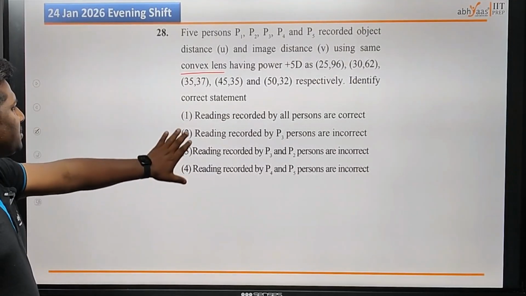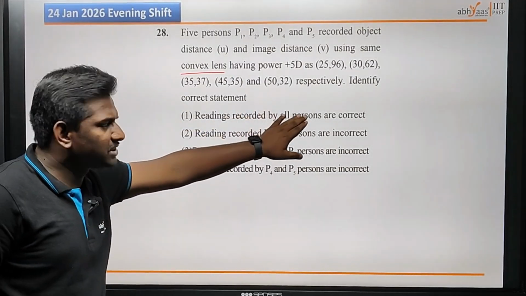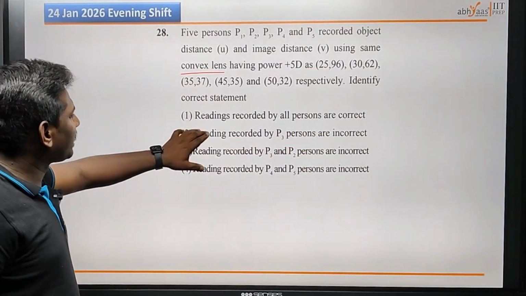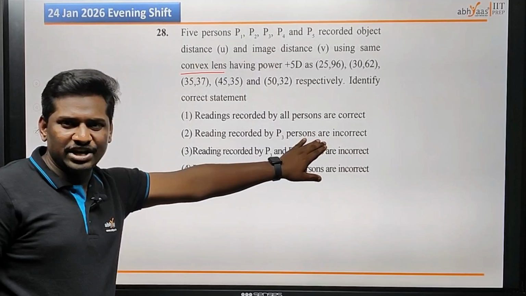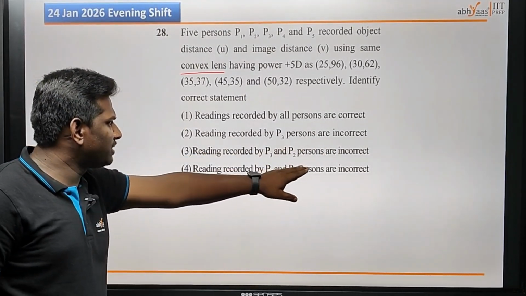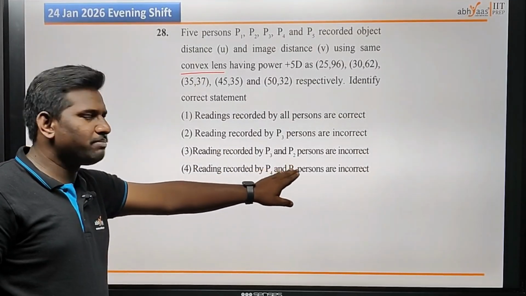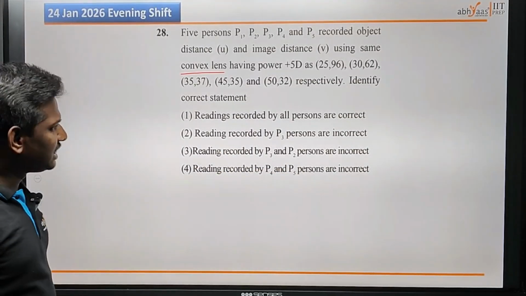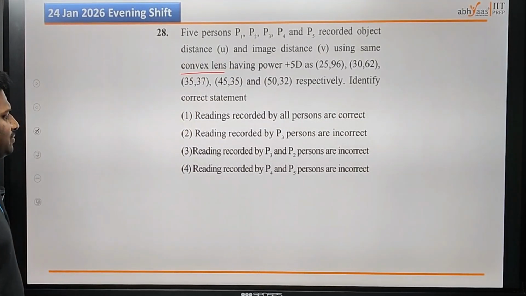Identify the correct statement. What are the statements? Readings recorded by all persons are correct. Readings recorded by P3 are incorrect. Readings recorded by P3 and P2 are incorrect. Readings recorded by P4 and P5 are incorrect. So you have to find which is correct.